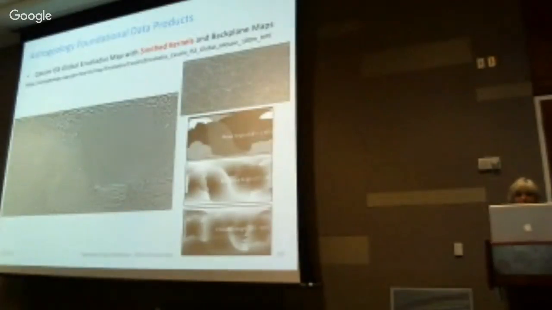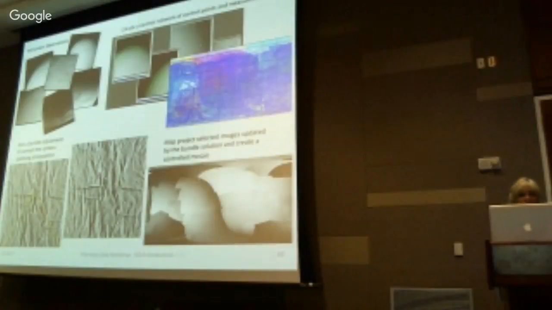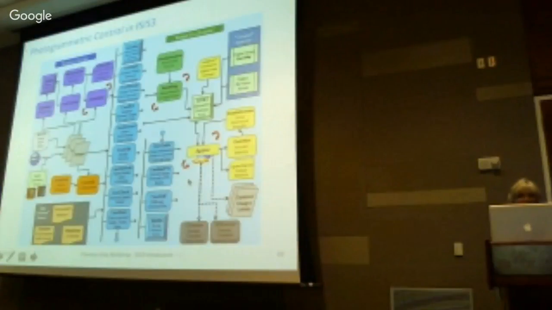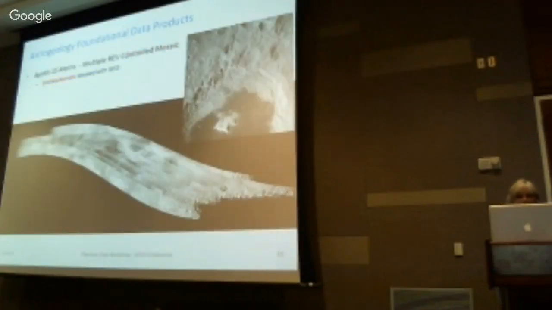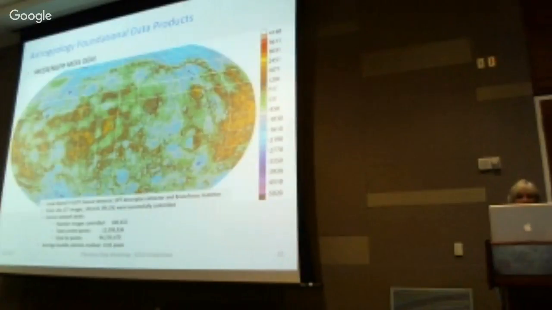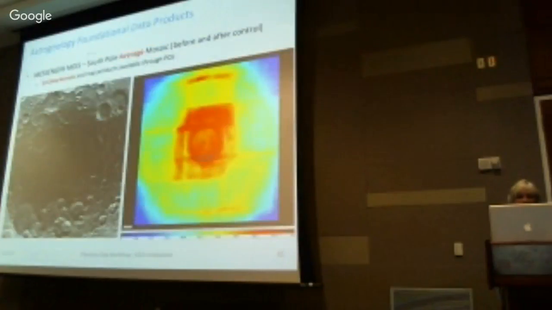There's Enceladus. I wanted to share with you what we've been building in ISIS lately, what we can do. You start with your collection of images, you build a control network, you adjust your pointing, and you make a mosaic. It's that simple, right? We've worked with THEMIS data. We have controlled nighttime IR, daytime IR, Apollo, Messenger DEM.